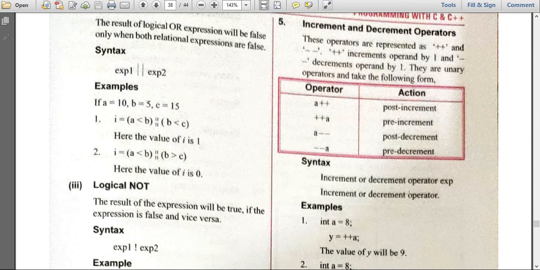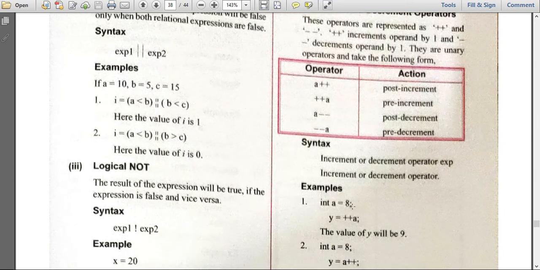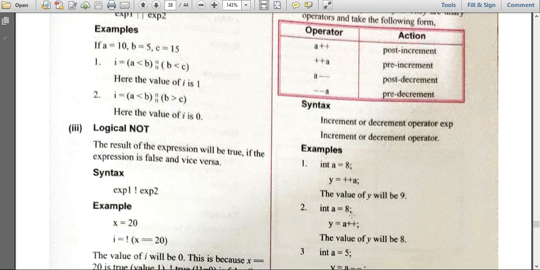Here is an example: a value is equal to 8, y equal to plus plus a. I am incrementing a by 1, so 8 plus 1, that is 9, will be assigned to y. Now int a equal to 8, y equal to a plus plus. First the a value, that is 8, will be assigned to y.